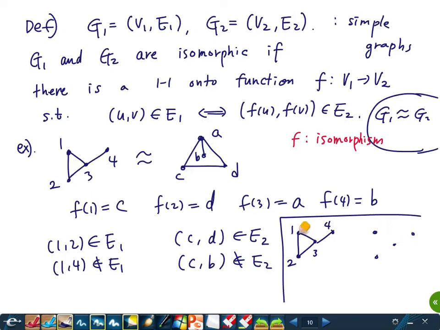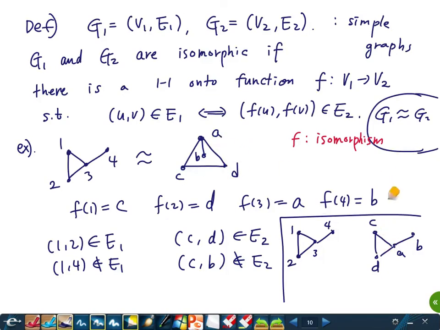What is F1? F1 equals C. F2 equals D. F3 equals A. F4 equals B, right? And then which of them are connected? A and C are connected. A and B are connected. A and D are connected.